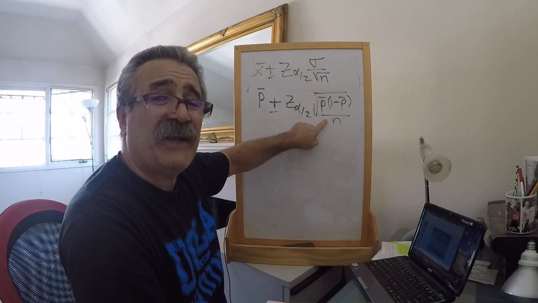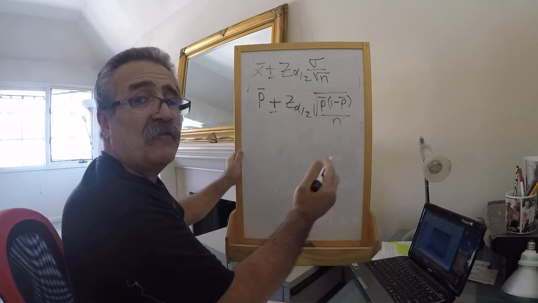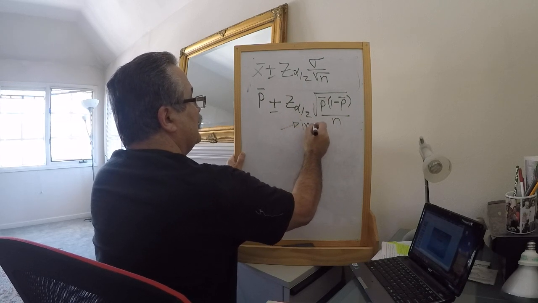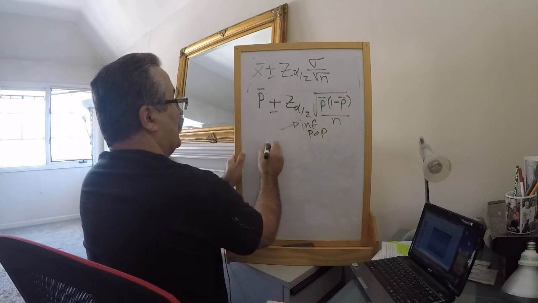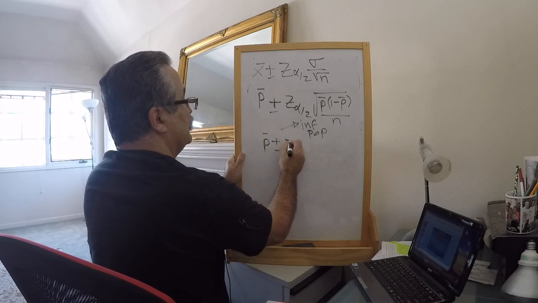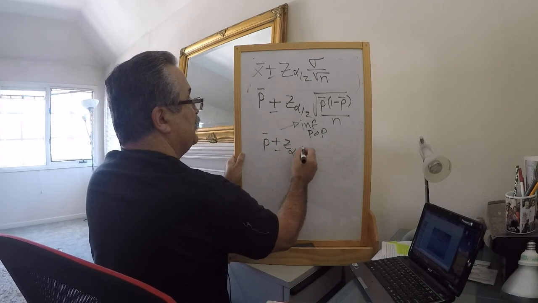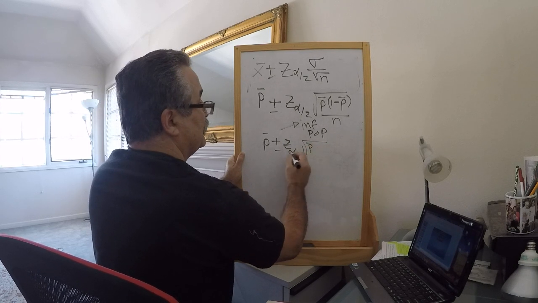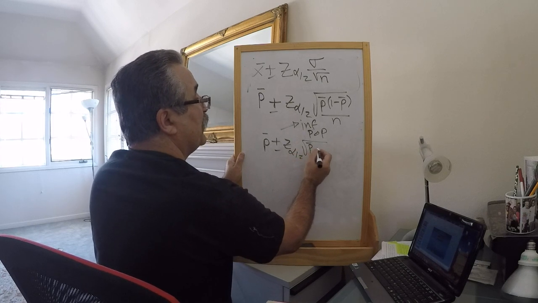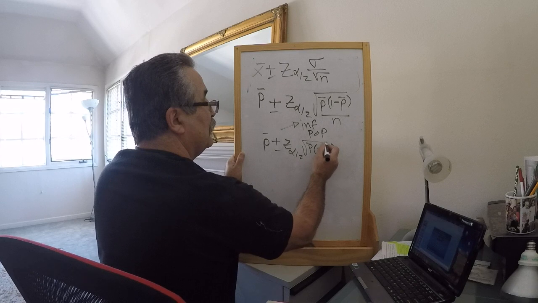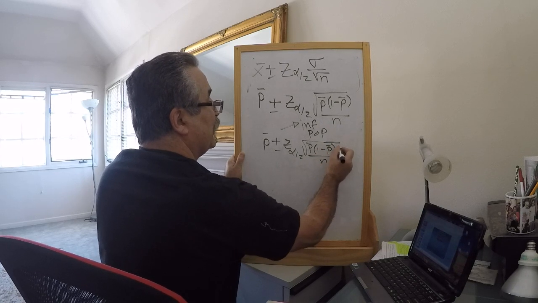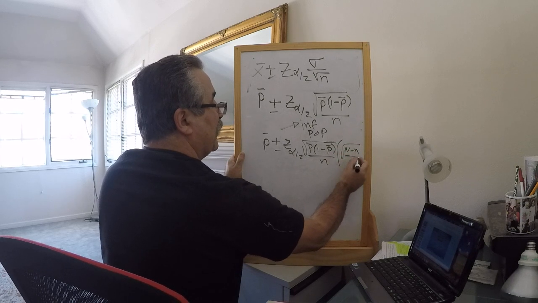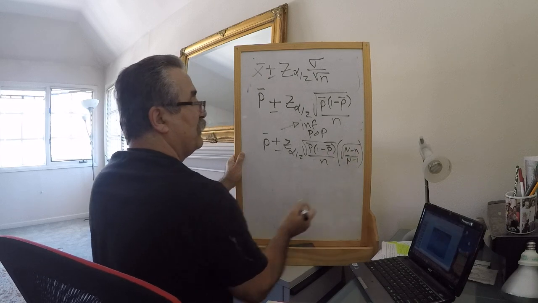When we are dealing with a finite population, then this is for infinite population. For finite population, it is plus or minus Z sub alpha over 2 times the square root of P bar 1 minus P bar divided by n, times the square root of large N minus small n over large N minus 1, if you guys remember.